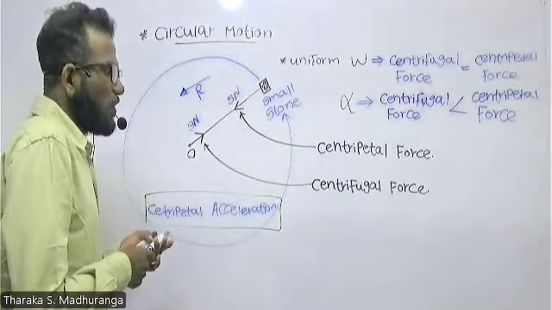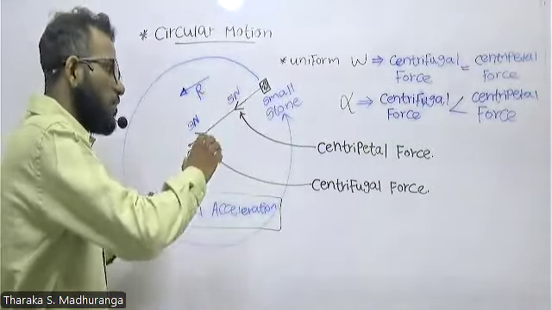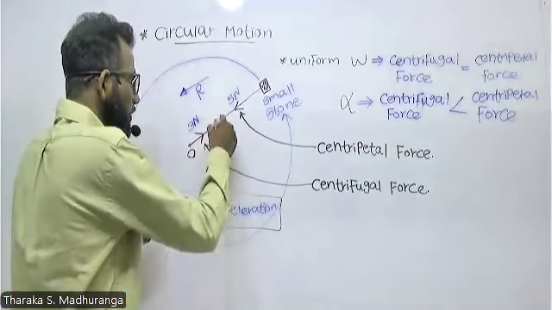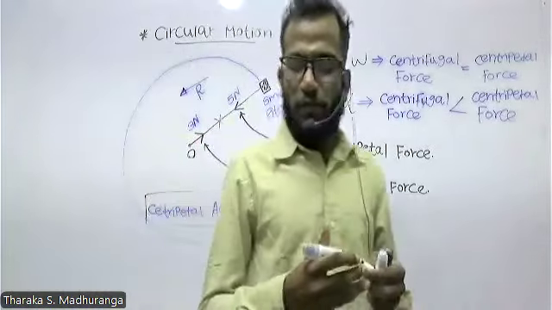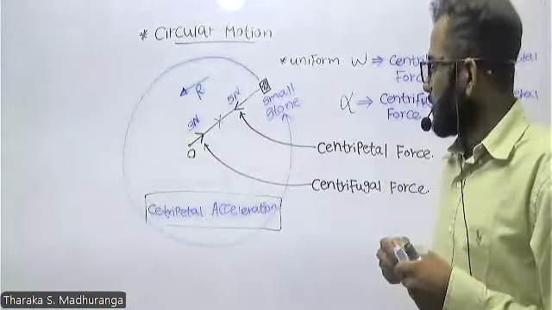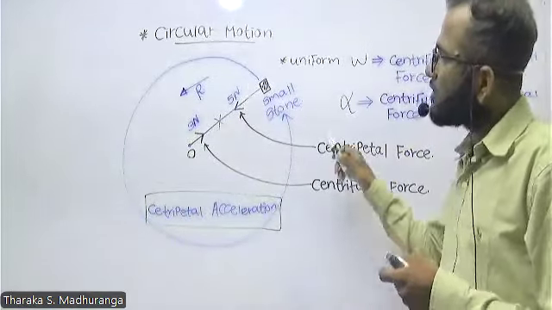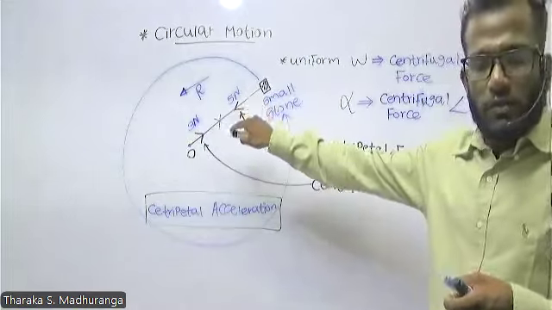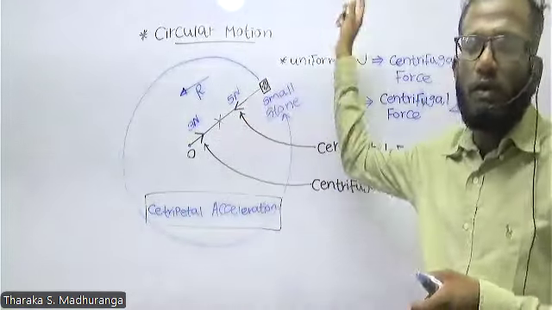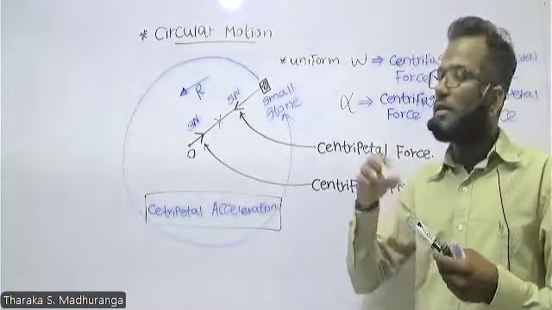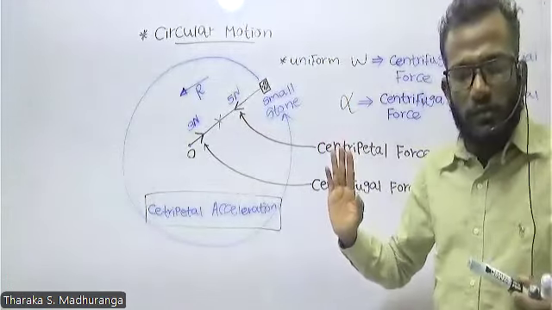If it is acting away, this string breaks down. If centrifugal force is higher than centripetal force, actually this string breaks and the object goes out. Understood?